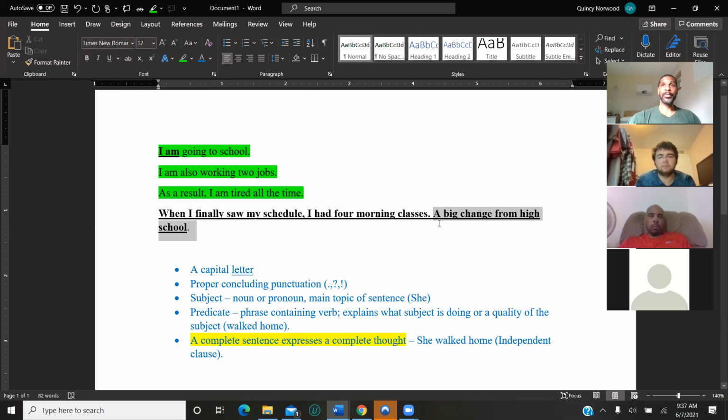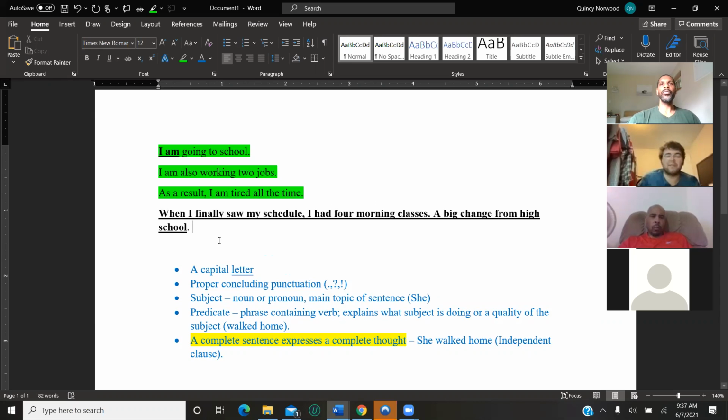The other is a dependent clause, meaning it depends on something to either come before it or after it in order for it to make sense. So what say the folks? Which of these, the first sentence or the second sentence, which of those is the complete sentence?